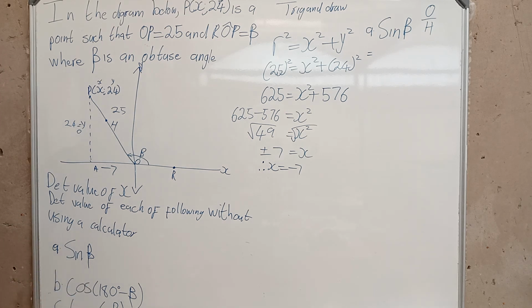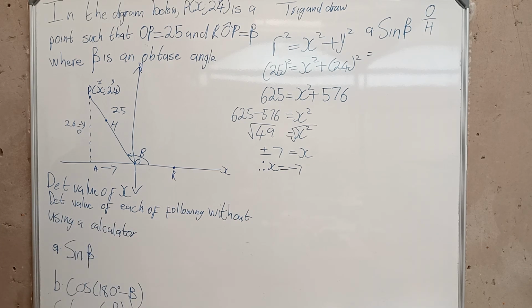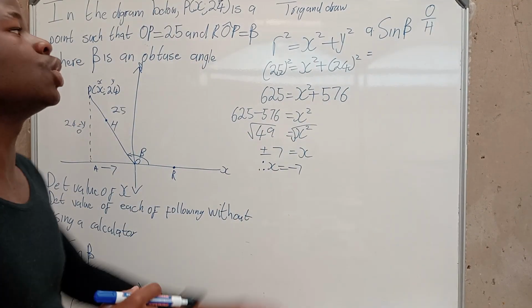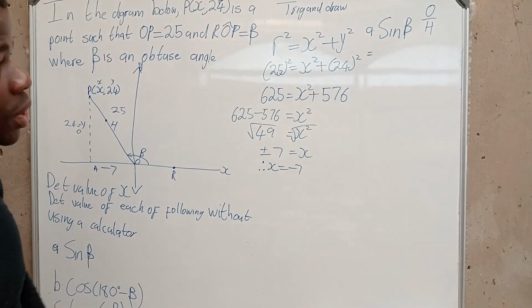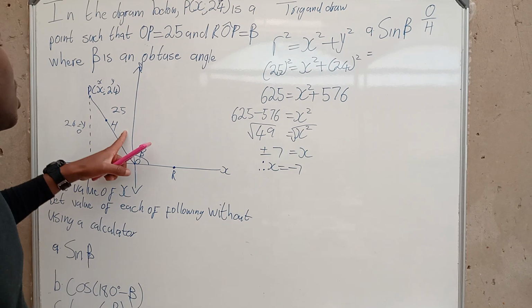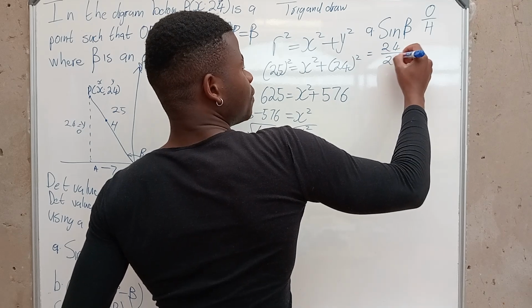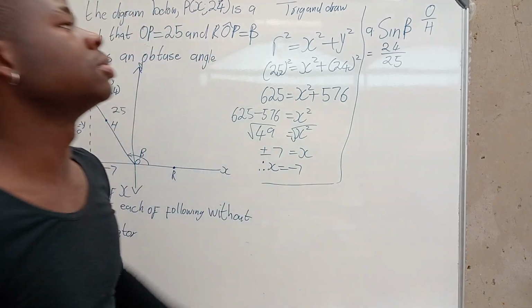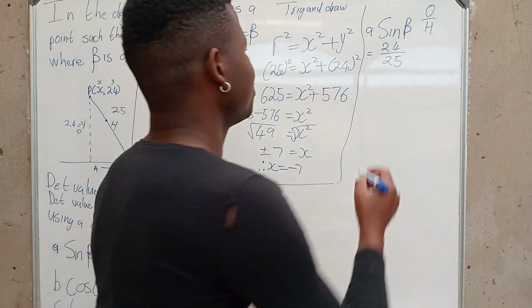The question says determine the value of each of the following without the use of a calculator. So when they say without the use of a calculator, you'll have to use this diagram to find sine beta. They want you to write ratios here when you are tackling such questions. Check: opposite over hypotenuse. Then you just say 24 over 25. They will just give you your marks. Imagine you get your marks for just writing that. You see, pure maths can be easy.